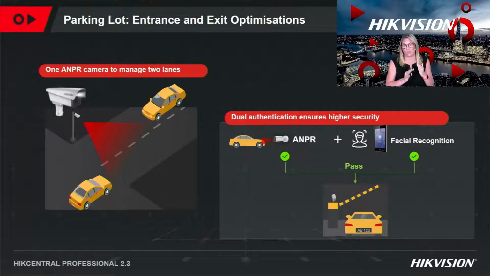So in that case, you still have to have 2. We've also added extra rights to the system, so we can do dual and triple authentication. What that means is if you have a really secure site, you can say that when the ANPR is triggered and a face is presented to the MIMO or a card is presented to the reader, it will then let you in. So it's not just based on one form of identification.